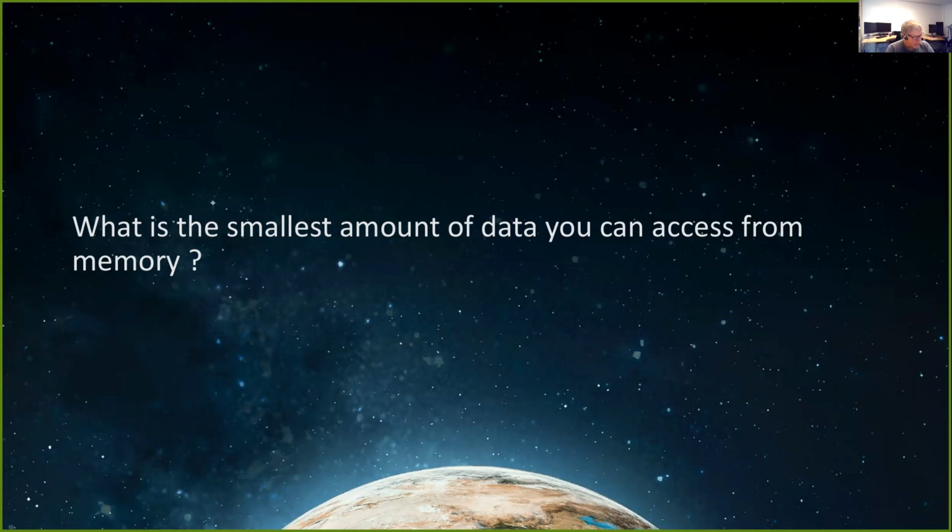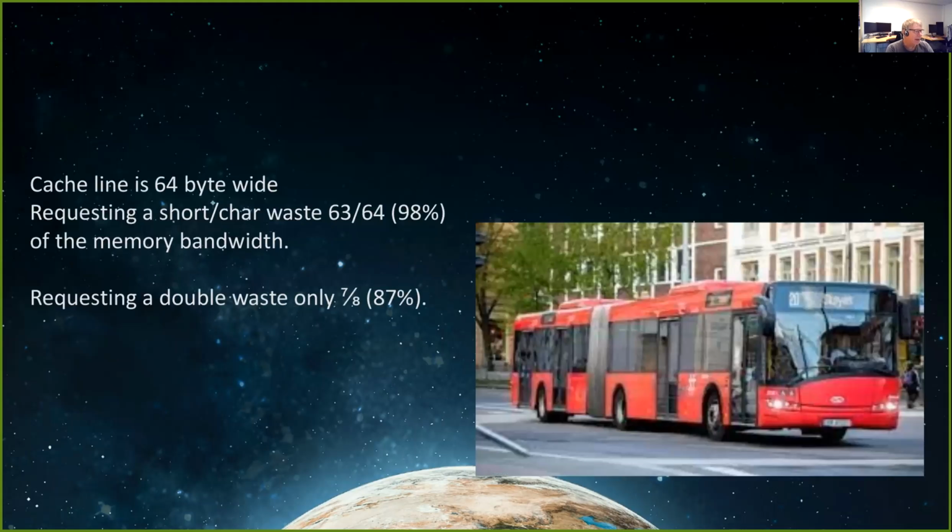But when you request 1 byte from memory, you are actually requesting a whole cache line. Imagine there are 64 seats on the bus and you are using only 1. There could be 63 more people with you. So if you are only requesting a short or a character, you waste 98% of the memory bandwidth.